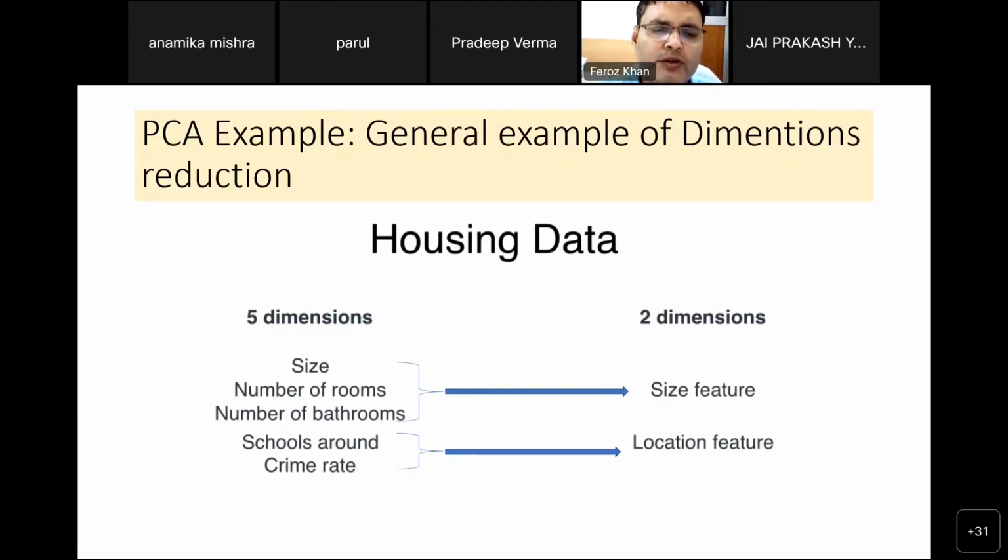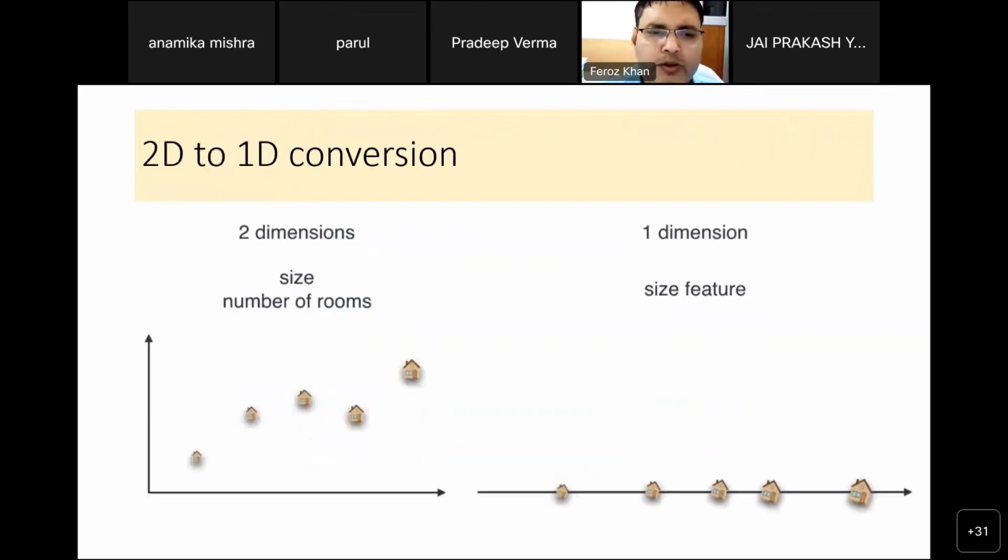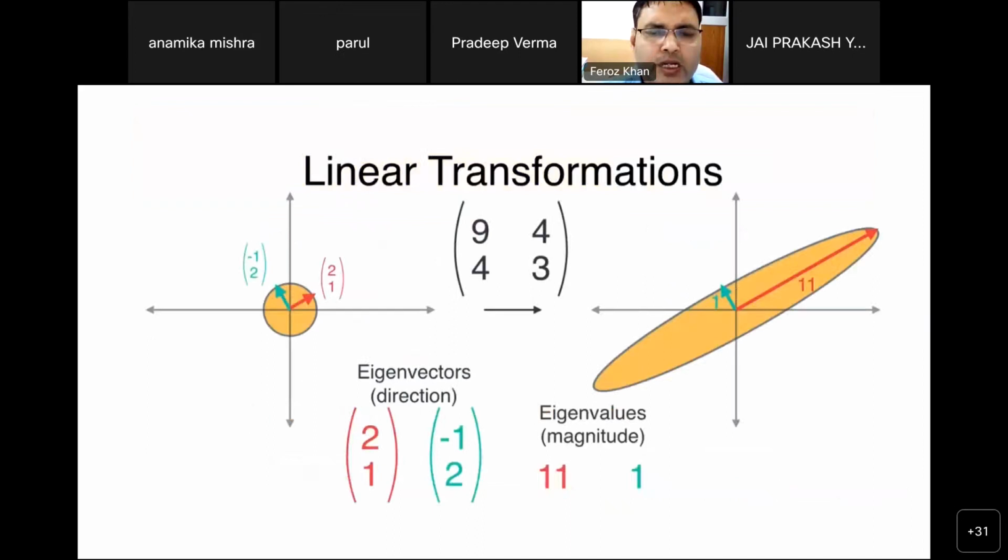So this way you cut down 5 dimensions to 2 dimensions. In pictorial representation, if there are 2 dimensions and you want to convert them into 1 dimension, you will realize that housing size and number of rooms can be clubbed together to form a size feature in a single linear dimension.